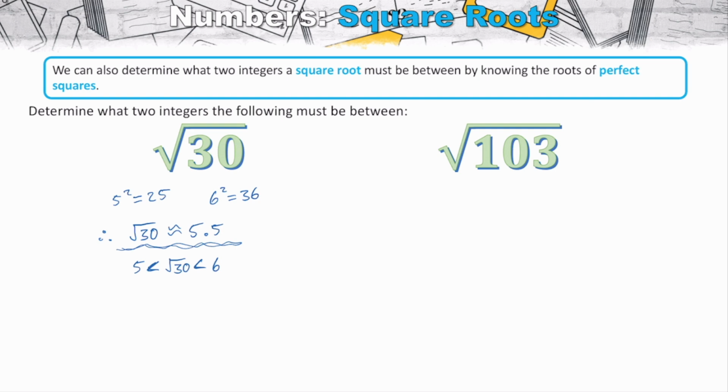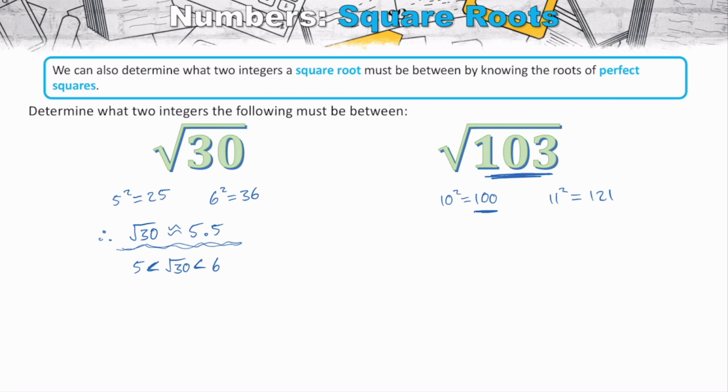Now let's have a look at the other number that we've got here, this square root of 103. Well, if we're looking at the nearest squares here, we know that 10 squared is equal to 100. We know that 11 squared is equal to 121. Now, yes, our square root of 103 will have to be somewhere between 10 and 11. However, you'll notice that 103 is much closer to 100 than it is to 121.